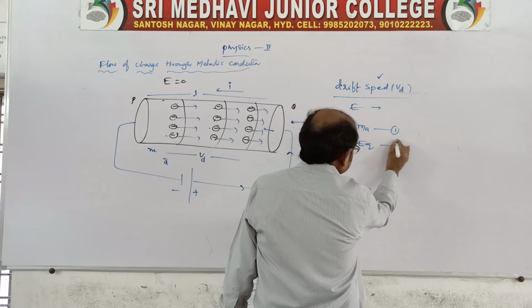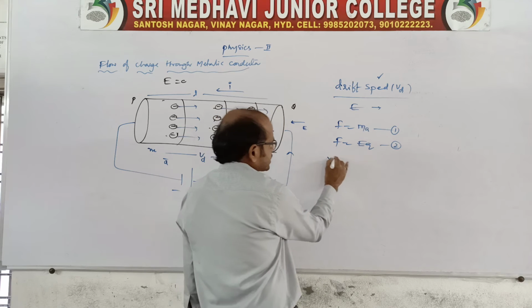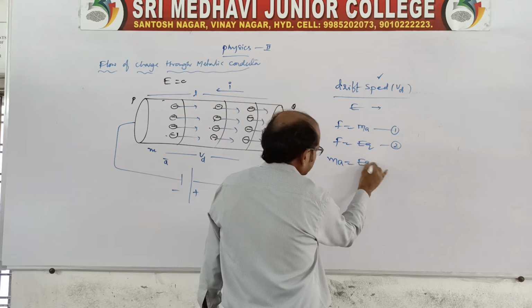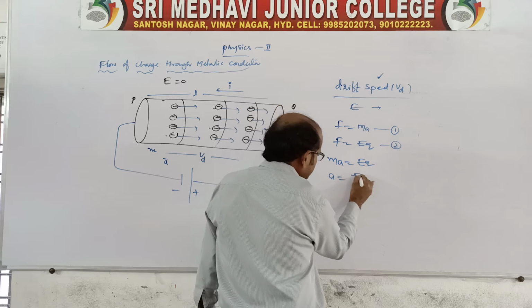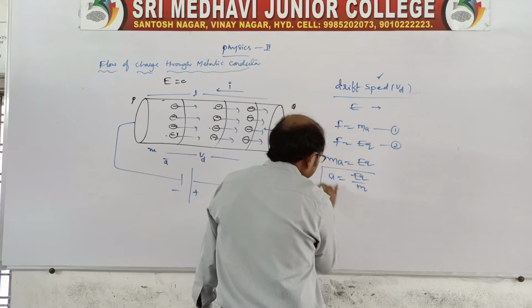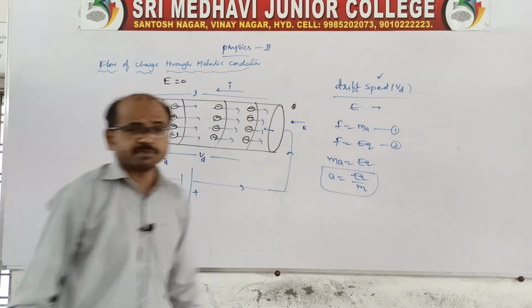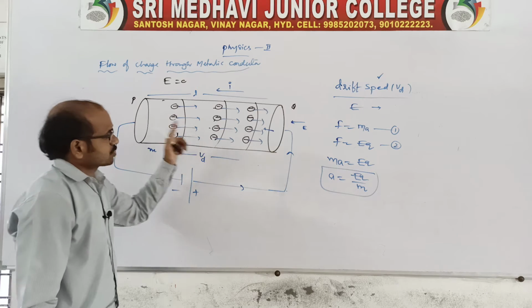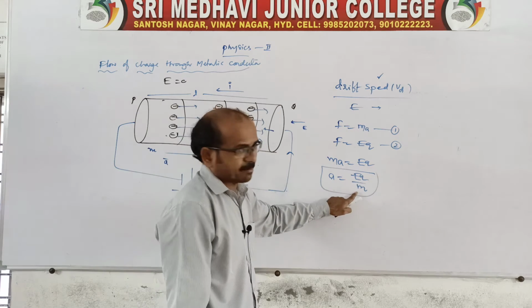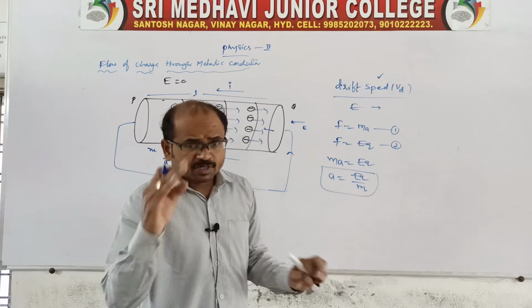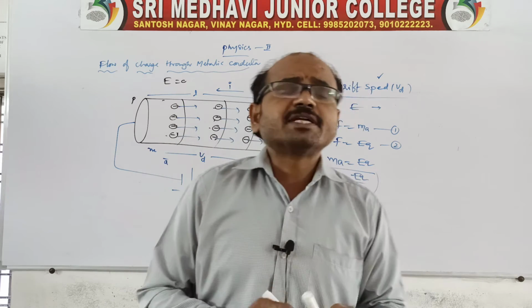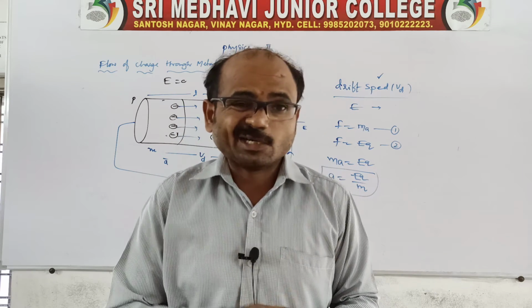In the last chapter we did this. Now let us equate the two. Therefore, the acceleration will be EQ by m. The acceleration of the electrons is a equal to EQ by m. And one more point: the average speed of the electrons in a given metallic conductor.